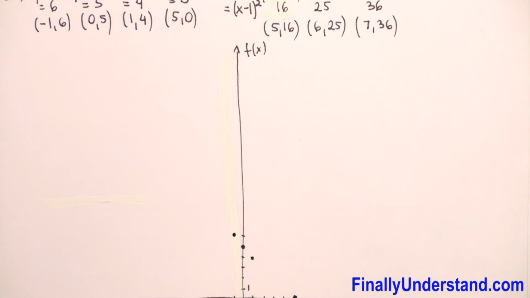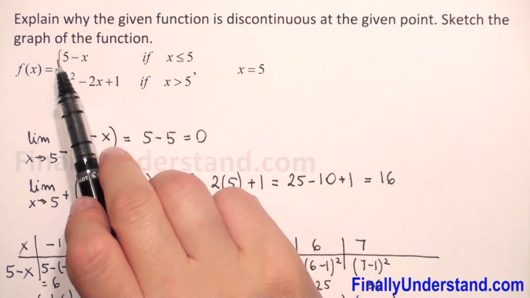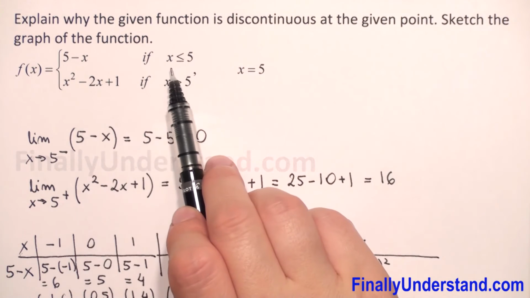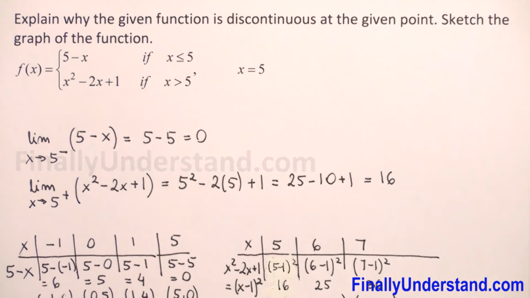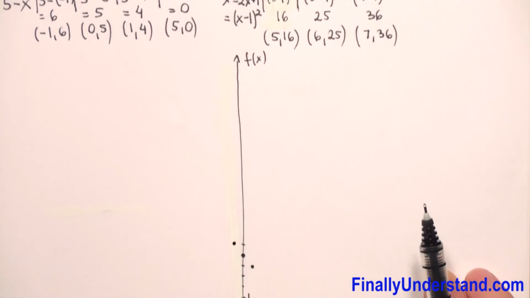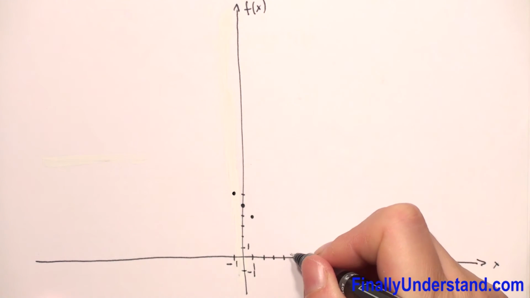Like I said before, we have the function 5 minus x. This is a linear function. The graph is a straight line, and because we have a negative coefficient before x, our graph will decrease. And because for 5 minus x we have the domain x less than or equal to 5, it means our graph is going to infinity.